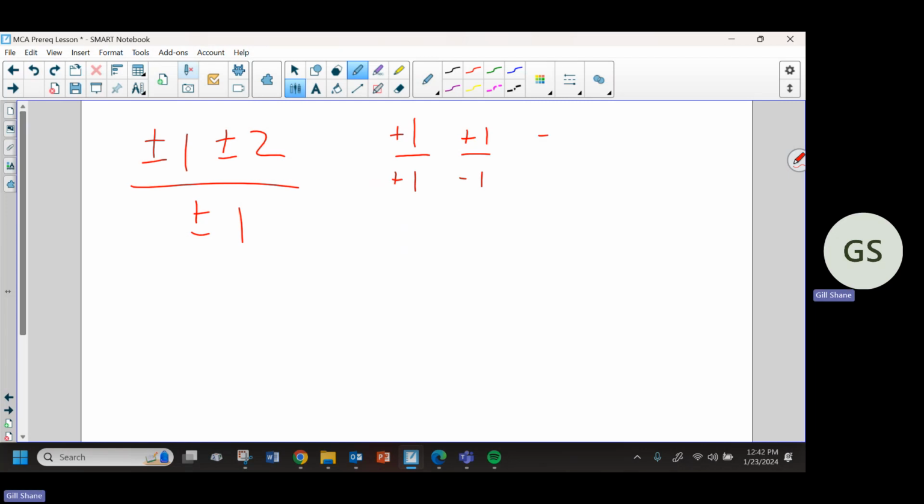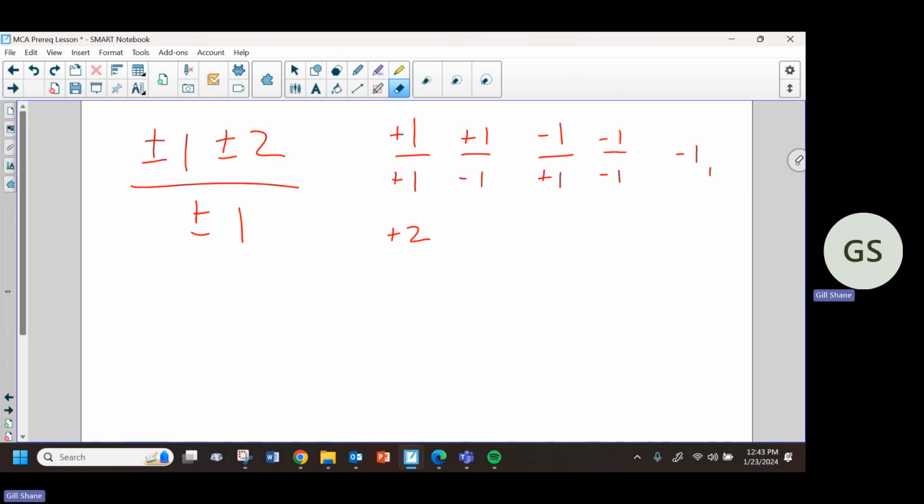Now I do the -1. I'm going to do the same exact thing. It could be over +1, or it could be over -1. That really only creates 2 possible rationals, -1 and 1. So now I'm going to move on to +2.